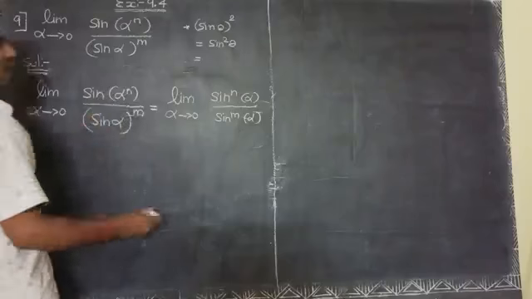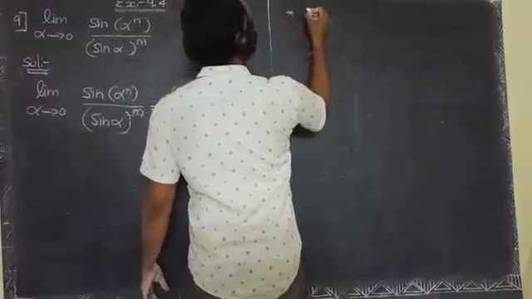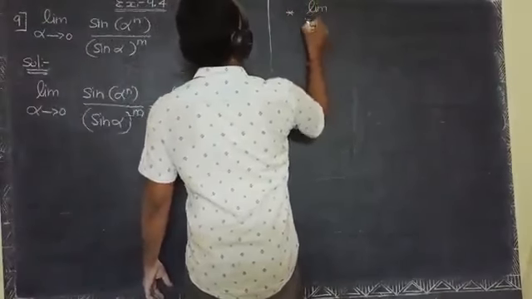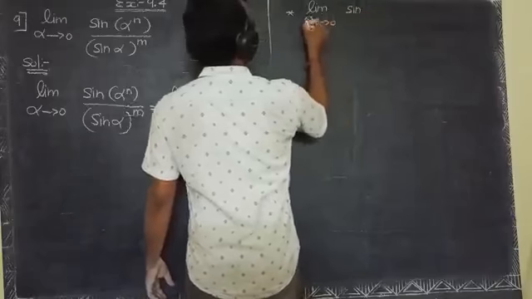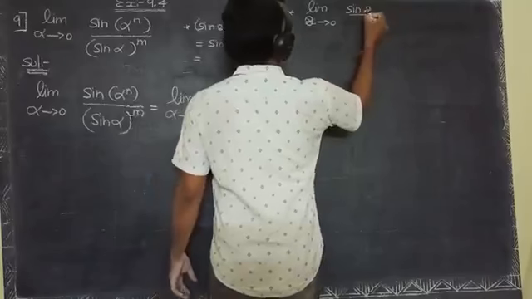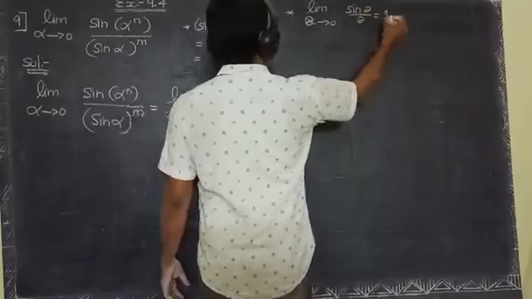The structure is limit theta approaches 0 of sine theta divided by theta, which is equal to 1.